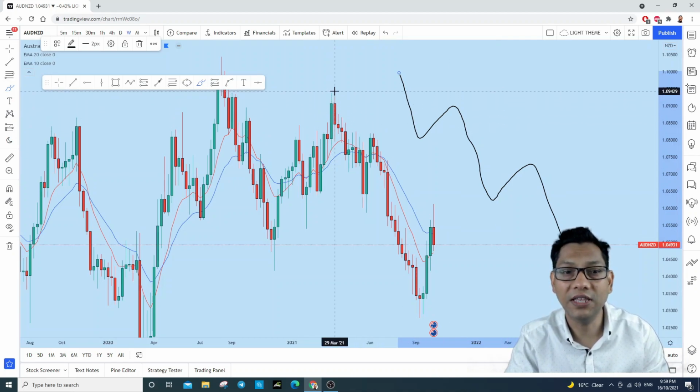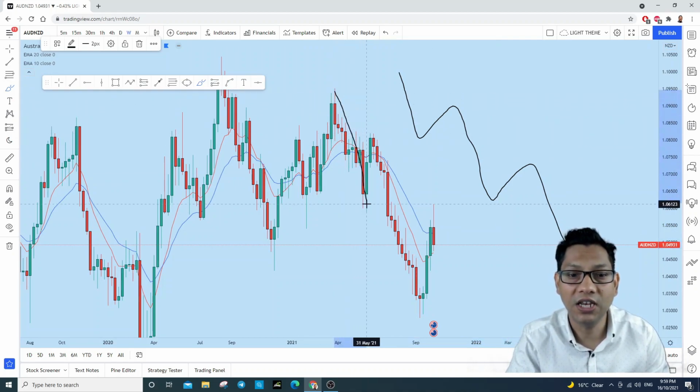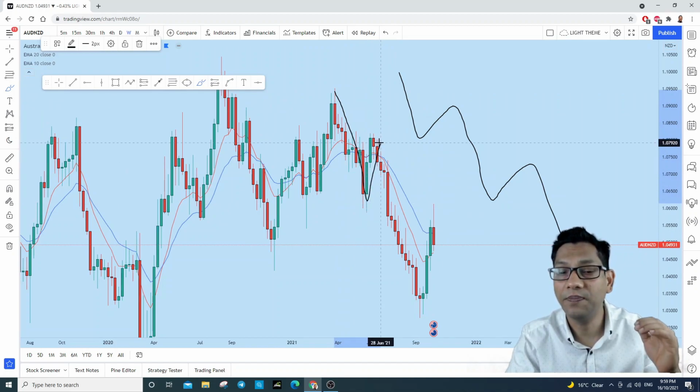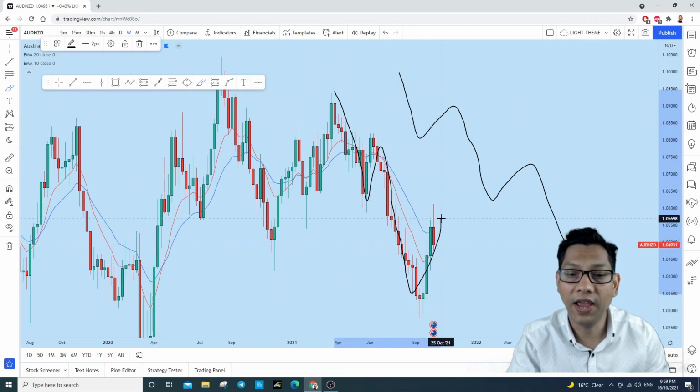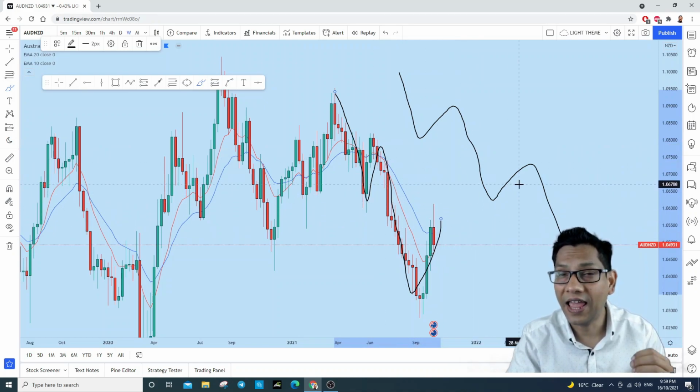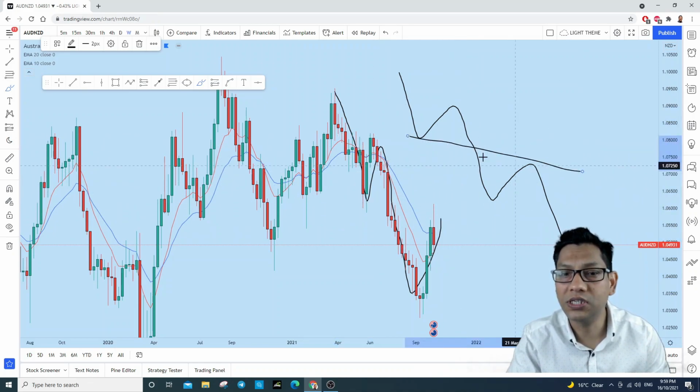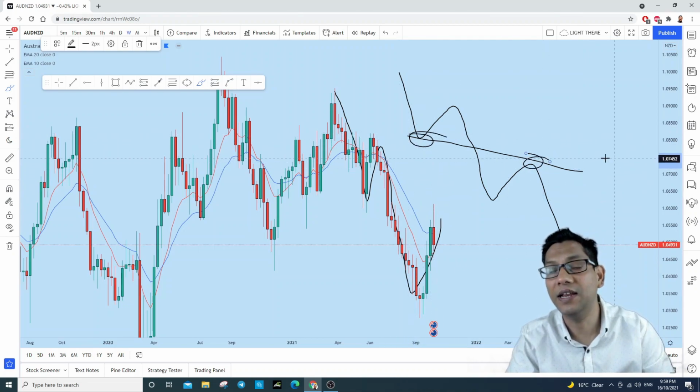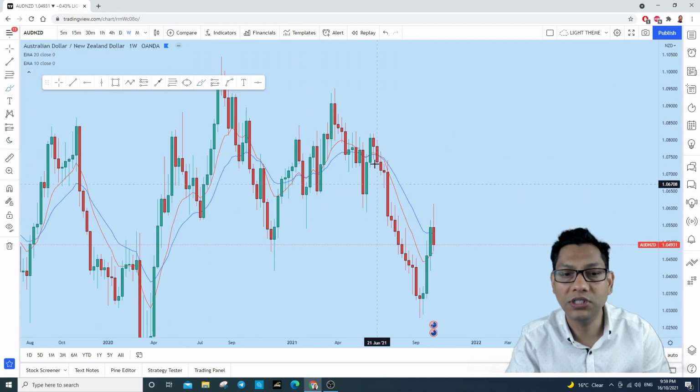So what you see here is the same market structure: an impulse followed by a correction, then an impulse followed by another correction. Every time you see a healthy trending market, the previous support will be tested as a resistance in a downtrending market, and that is what we see in AUDNZD.